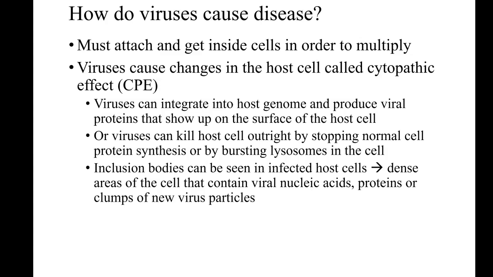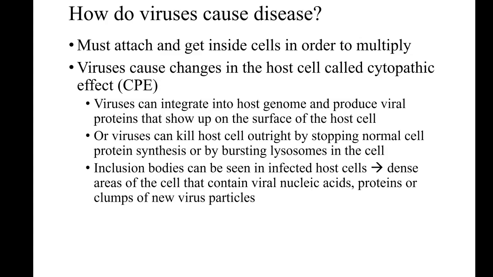In order for a virus to cause disease, it has to attach. Remember that attachment is called adsorption. And then it has to get inside in order to take over that host cell machinery to multiply. If we were to look at cells that were infected with a virus, they would actually look different underneath the microscope. We call this cytopathic effect.